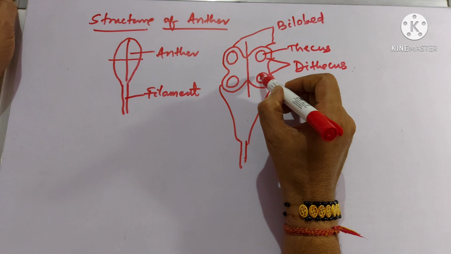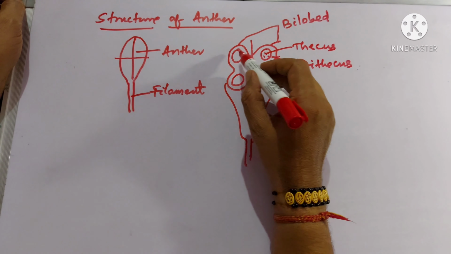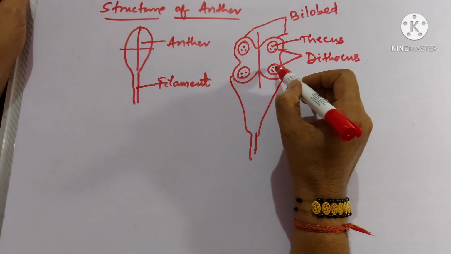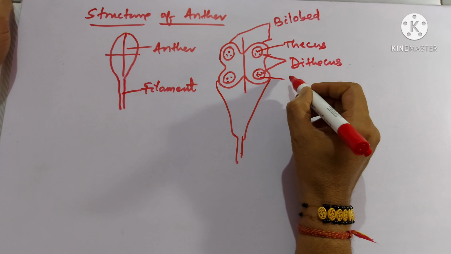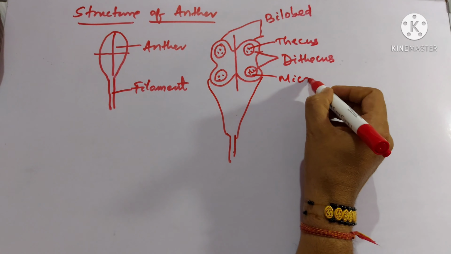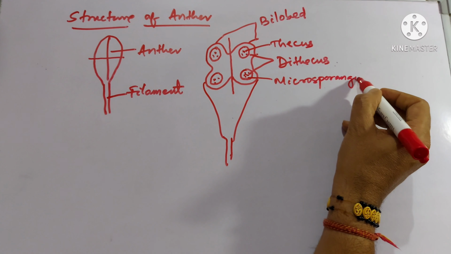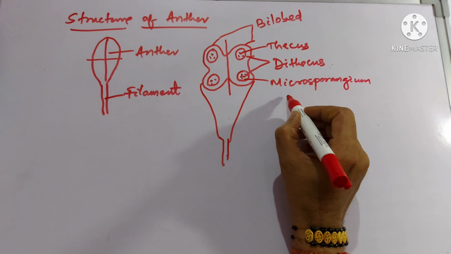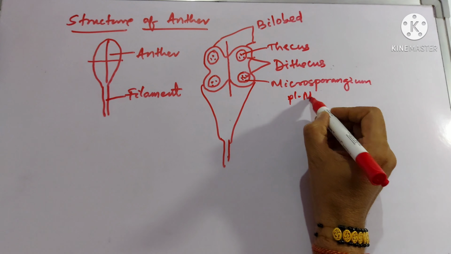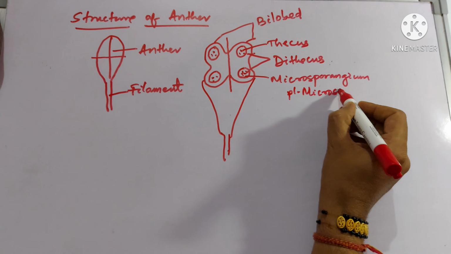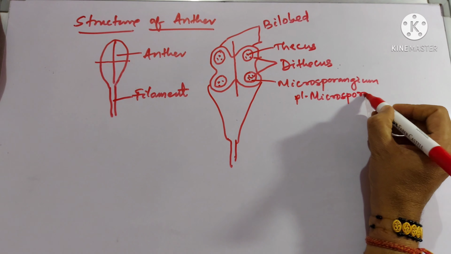So these thecus or the cavities are called microsporangium. Plural form, microsporangia.